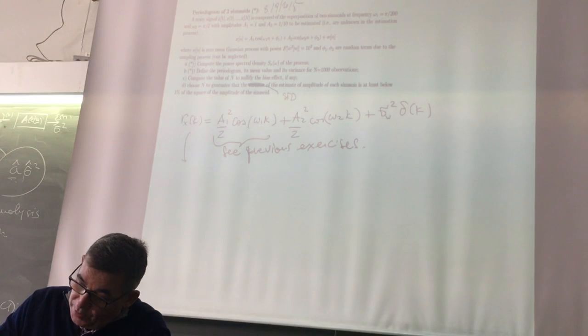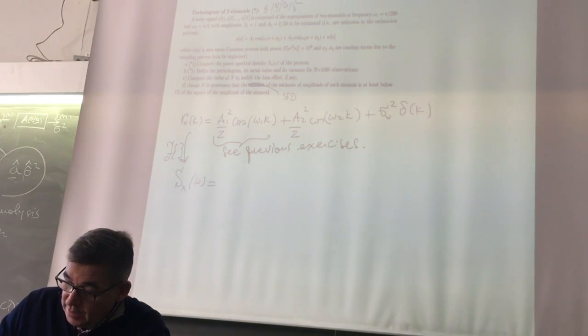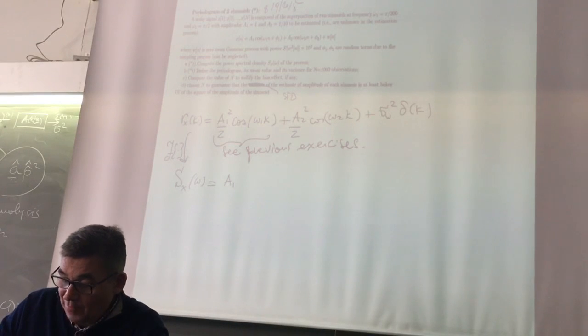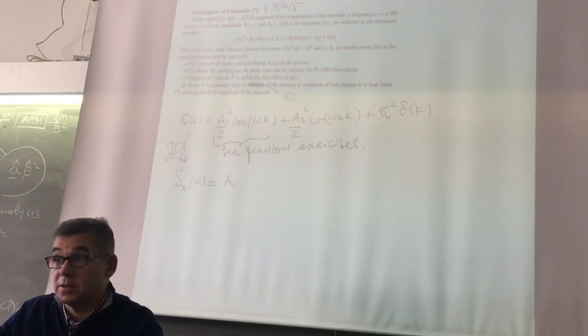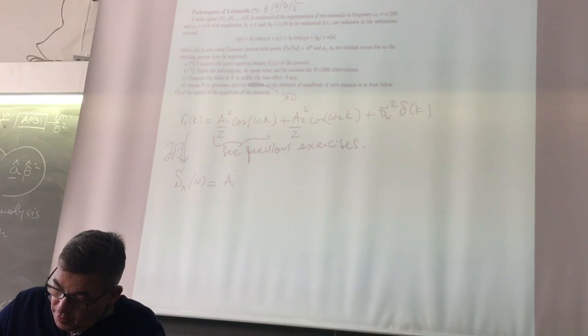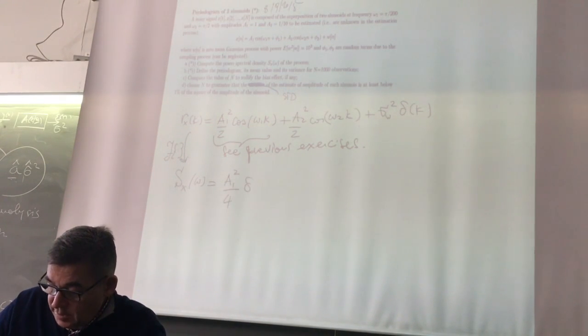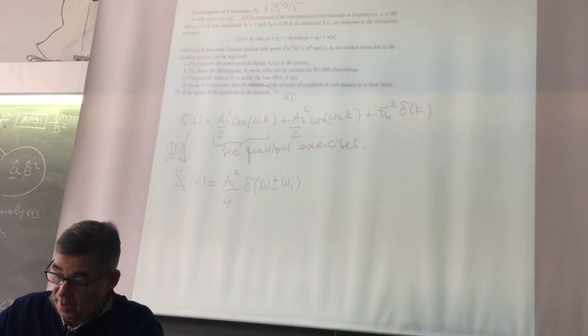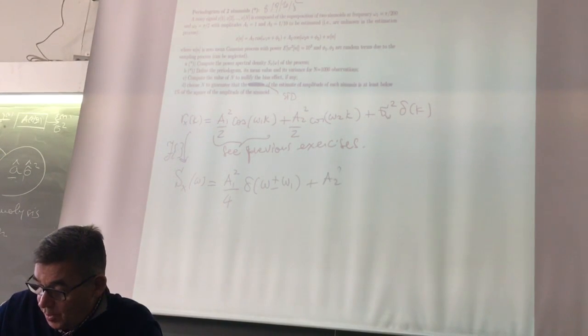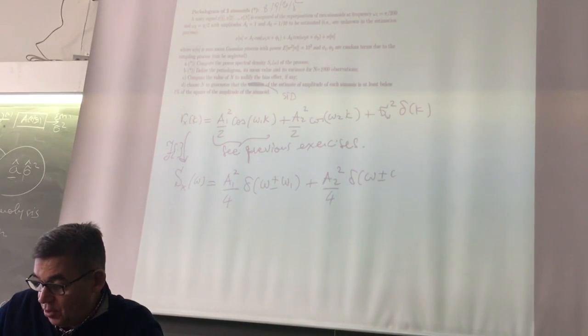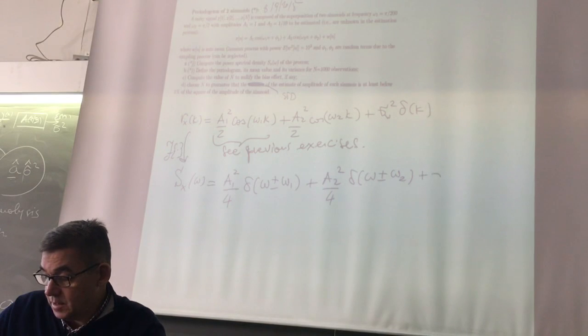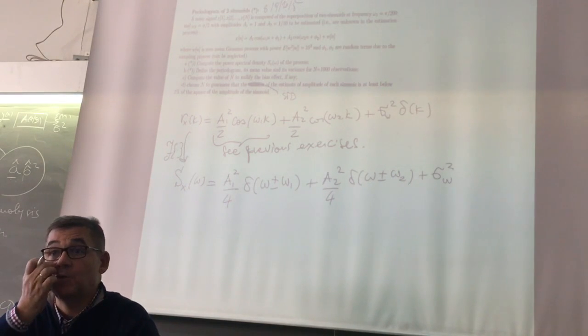So I compute the Fourier transform, and the power spectral density is equal to: a cosine generates plus and minus, with a factor 1/2. So it is A1 squared divided by 4 times delta of omega plus minus omega 1, so I have 2 deltas. Then plus A2 squared divided by 4 times delta of omega plus minus omega 2, and then plus sigma squared W. That is by the Fourier transform.